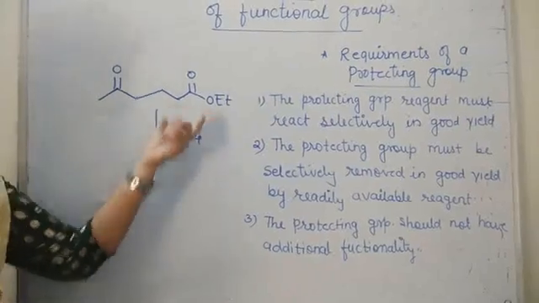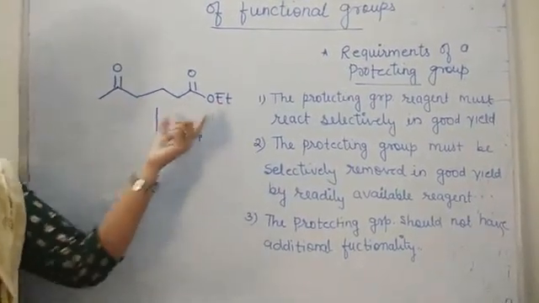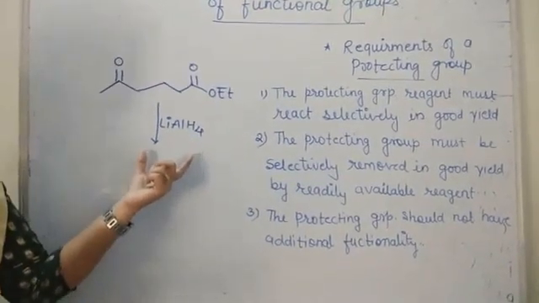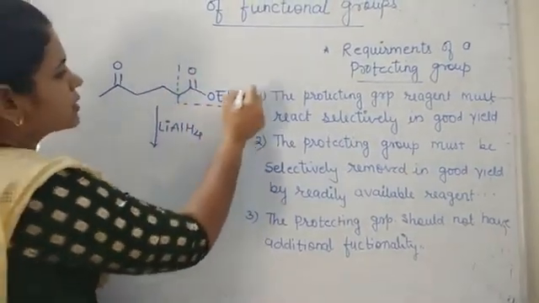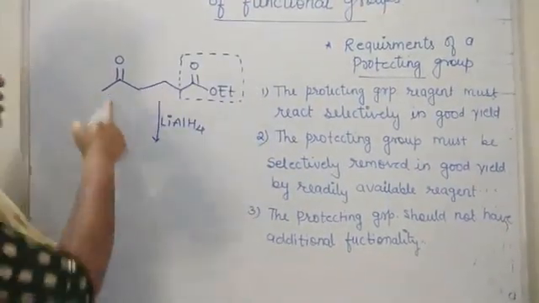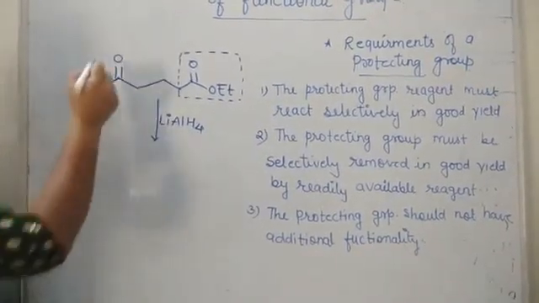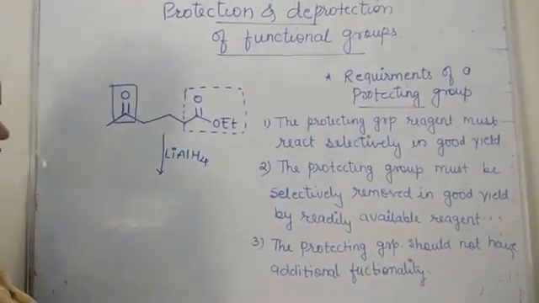Then we know that both functional groups undergo reduction to give alcohols. But suppose we want to reduce only the ester group in presence of this carbonyl group, then there is a need of protection of this carbonyl, keto group.